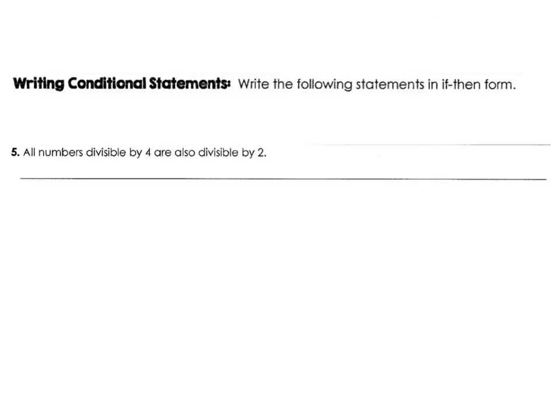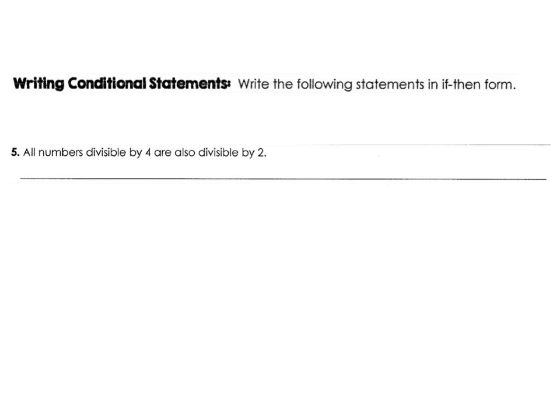All right, now you may be given statements that are not in if-then form, and our goal is to write conditional statements from these statements. So for example, number 5, we want to write a conditional statement by changing the way it's written. If we have the statement, all numbers divisible by 4 are also divisible by 2, what we want to do is break this statement apart so that we can write it in if-then form.